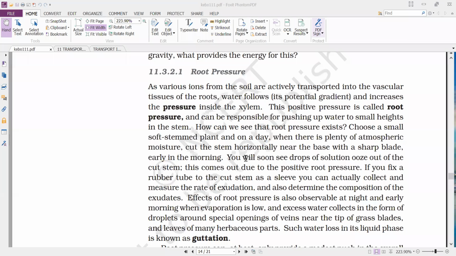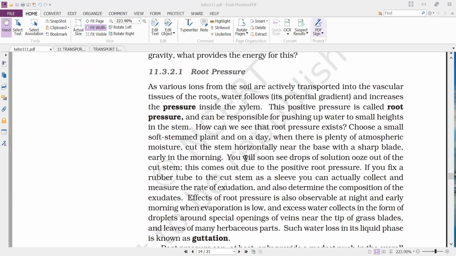And water follows and increases the pressure inside the xylem. Along with the mineral salts, the water also gets transported. As a result, a potential gradient is developed, that means a difference in the potential, and it increases the pressure inside the xylem.